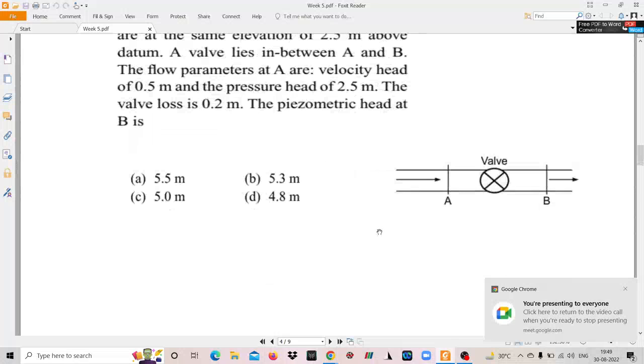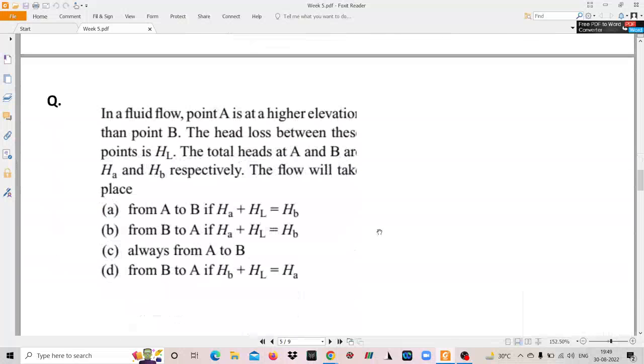Okay, let's move to the next problem. In a fluid flow, point A is at a higher elevation than point B. The head loss between these points is HL. The total heads at A and B are HA and HB respectively. The flow will take place from which point?